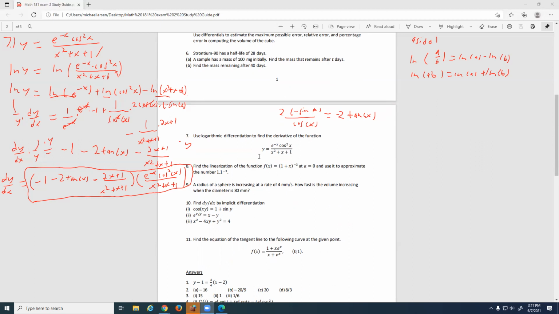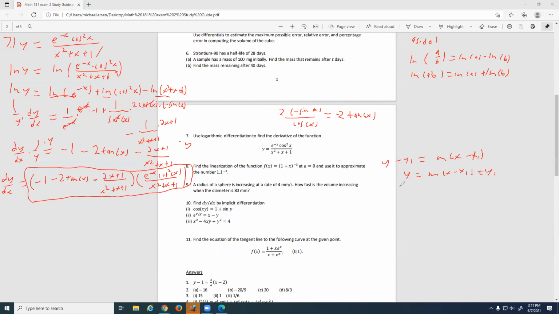So for linearization, we're first going to have to recall the formula. The way I like to think about it is that it's basically just the equation of a line that I was telling you guys about before, where y minus y1 is equal to m times x minus x1, except they rearranged it like this, and they use some different variables.